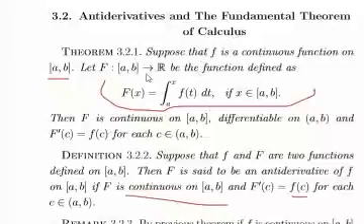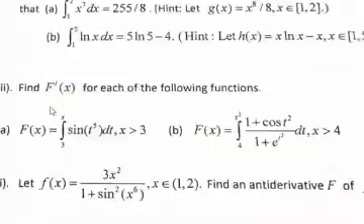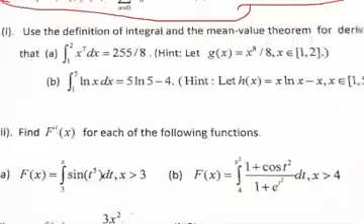If you go to the exam questions, this is the fourth question. The first part is use the definition of integral and the mean value theorem to show these things. I think we have done this one before, right?